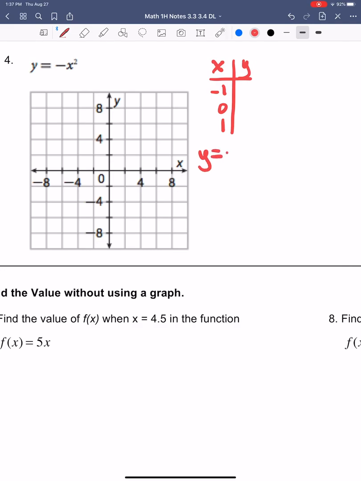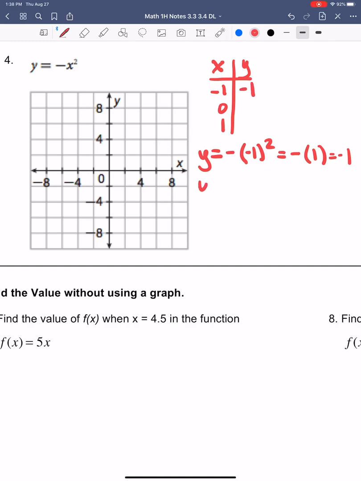So check this out. It's negative x squared. So I'm going to do negative 1 squared. And then that negative that's in the front of the parentheses just stays there. Negative 1 squared, so just this part here, negative 1 squared gives me a positive 1. And then that negative gets tacked on, so then it ends up being negative 1 there.